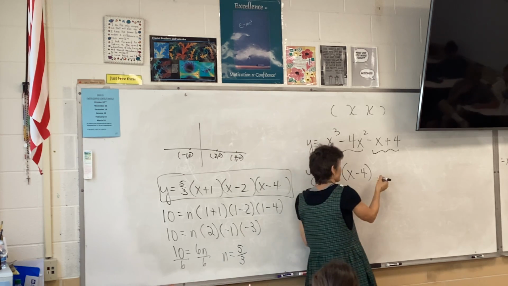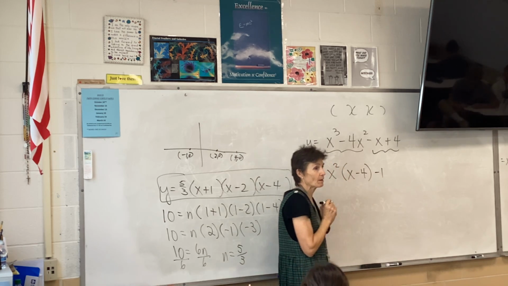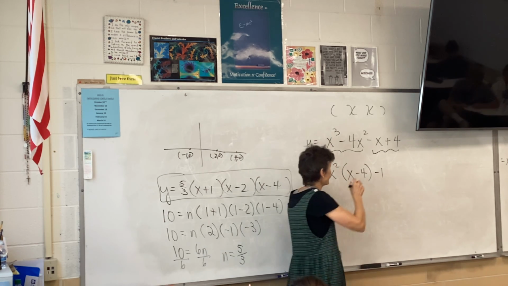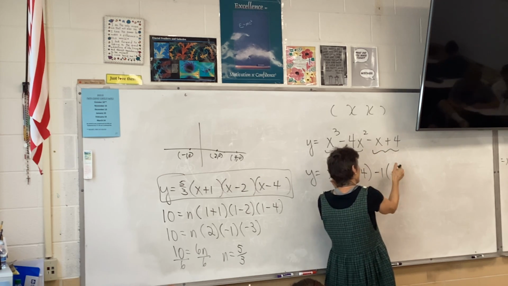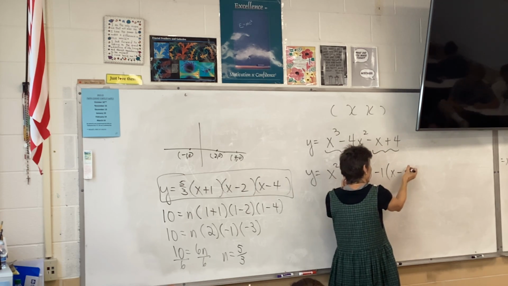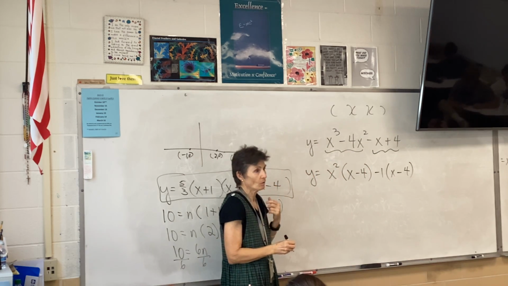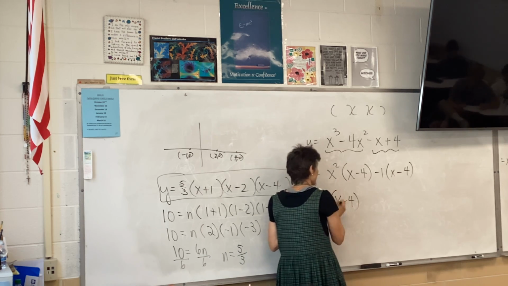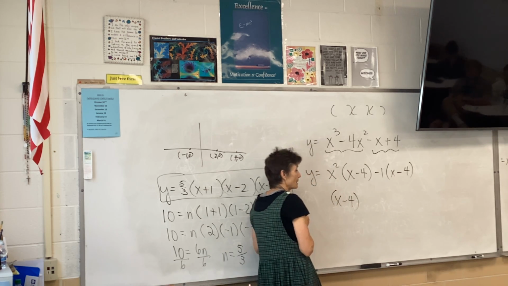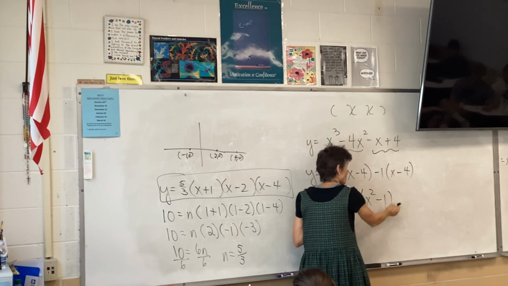And this time, I'll take out a -1, because that's negative right there. So if I pull out a -1, that's going to become x minus 4. And that is beautiful. Because now I have my common factor, my x minus 4, and I also have left over x squared minus 1.